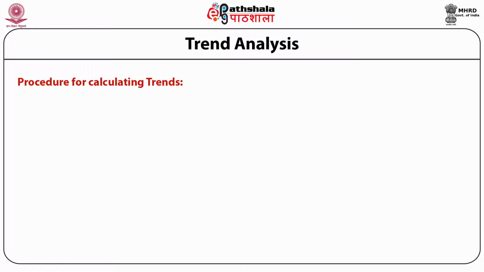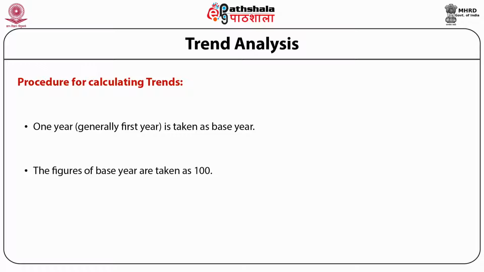Procedure of calculating trends. First, generally, the first year is taken as the base year. Second, the figures of the base year are taken as 100. Third, trend percentages are calculated in relation to the base year.